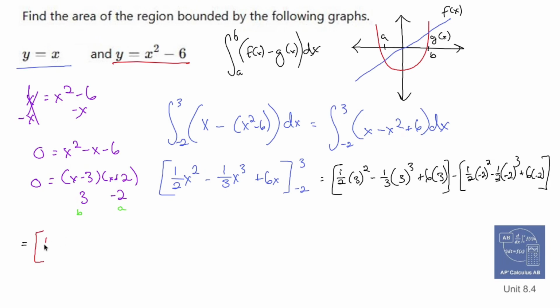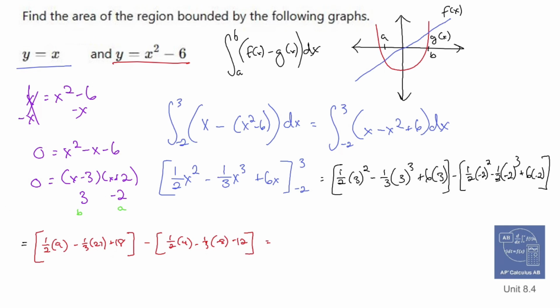All right, we've got 1/2 times 9 minus 1/3 times 27 plus 18 minus 1/2 times 4 minus 1/3 times negative 8 plus or minus 12, not plus or minus, just minus.